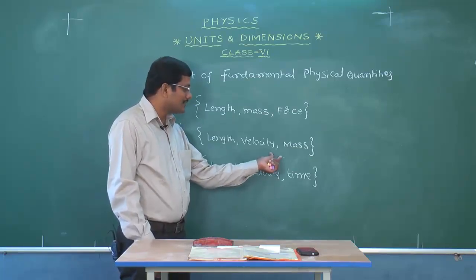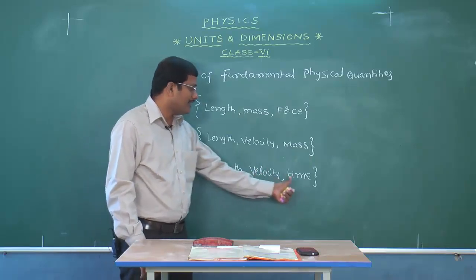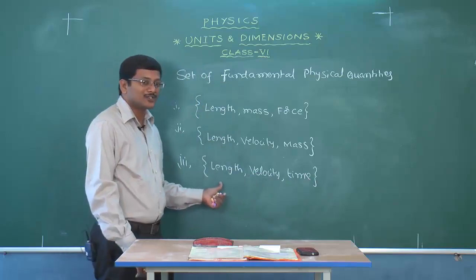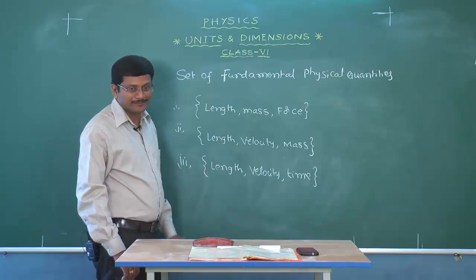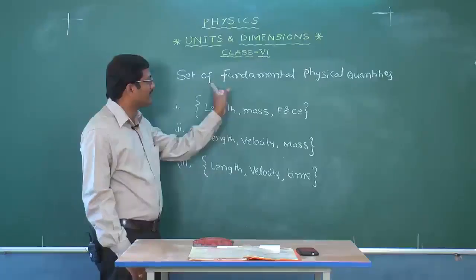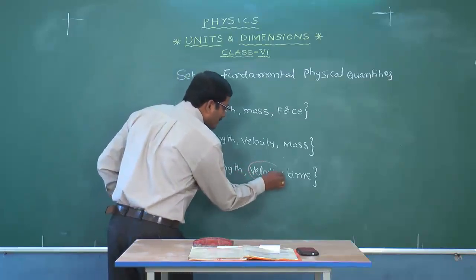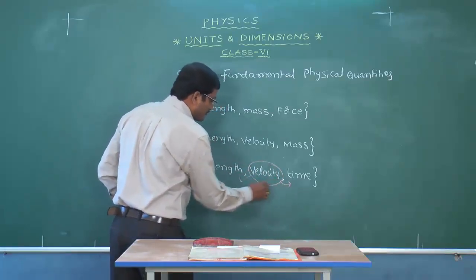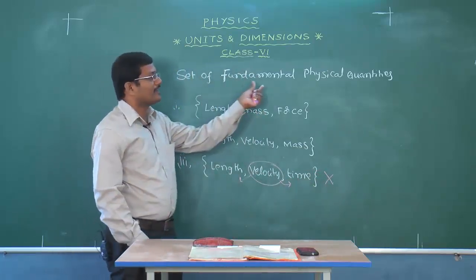Velocity is nothing but displacement by time, that means length by time. So here length is available and time is available in that particular set. So it doesn't come under set of fundamental physical quantities, because here the velocity can be derived from these two. That's the reason we do not take it as a set of fundamental physical quantities.